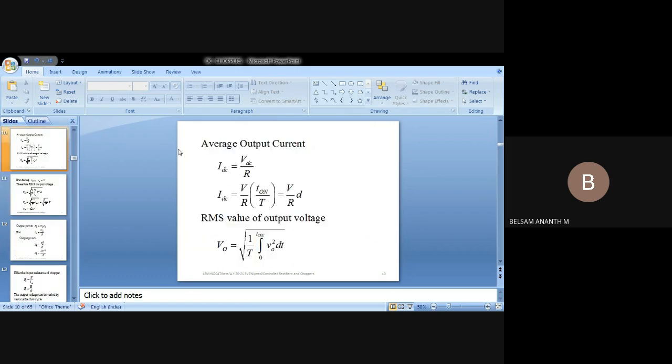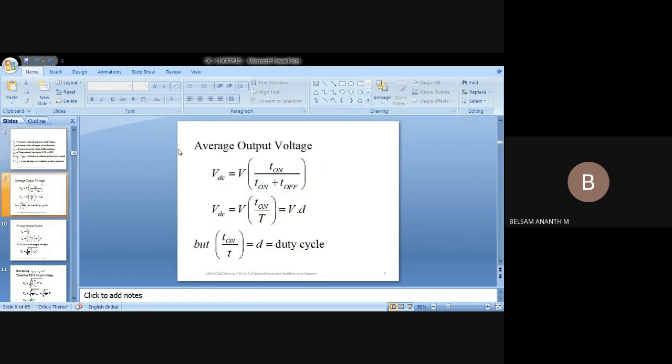So I don't think you will have difficulties with the equations. Initially, we find the output DC voltage with the help of the duty cycle, and please remember three important things in your mind. One, most of the equations are based on the I equal to V by R relation.